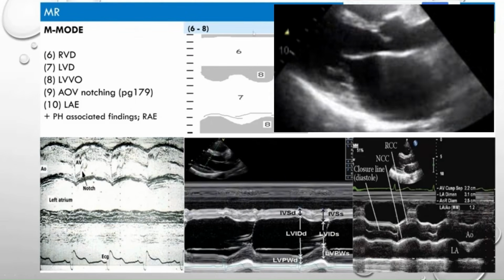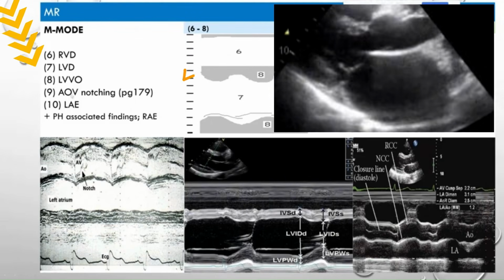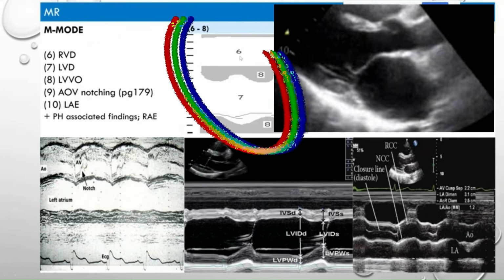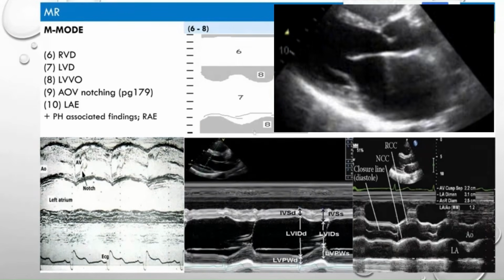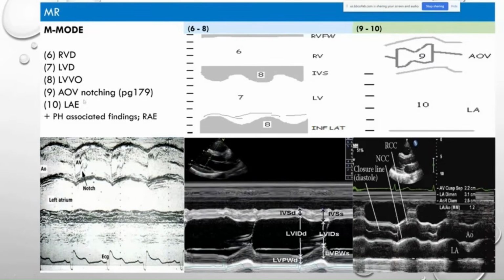So what they're telling you is these numbers coincide with what's going to happen when a person has mitral regurgitation. So I want you to look at, you can have the aortic valve notching, but that's that false early closure because it's not getting enough blood. On page 179, it'll talk more about that.